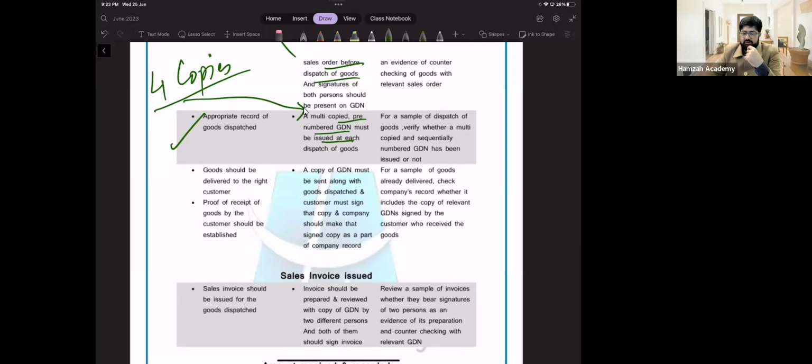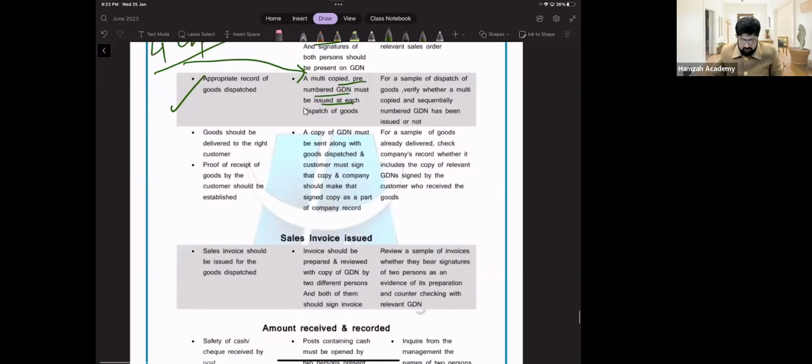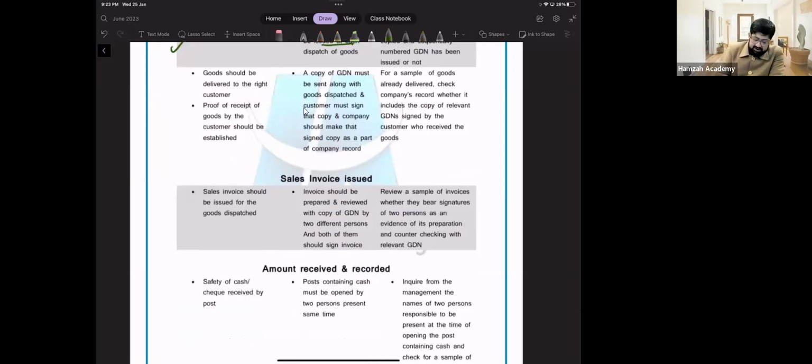Okay, welcome. Now, goods should be delivered to the right customer. Yes, objective: Mr. A's goods should not be delivered to Mr. B. And of course, proof of who has received the goods should be established. Otherwise, they may receive goods and they may deny. Two objectives. How to achieve?